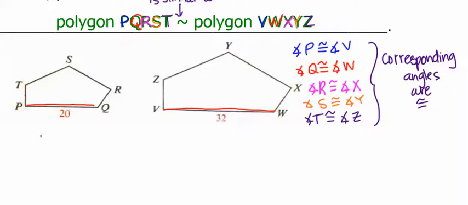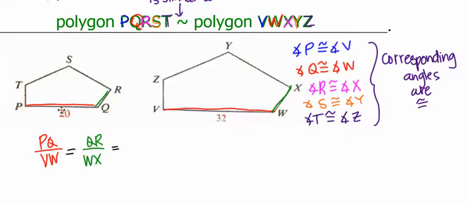So PQ over VW is going to equal QR, which would be the second and third letters, over WX, second and third letters.